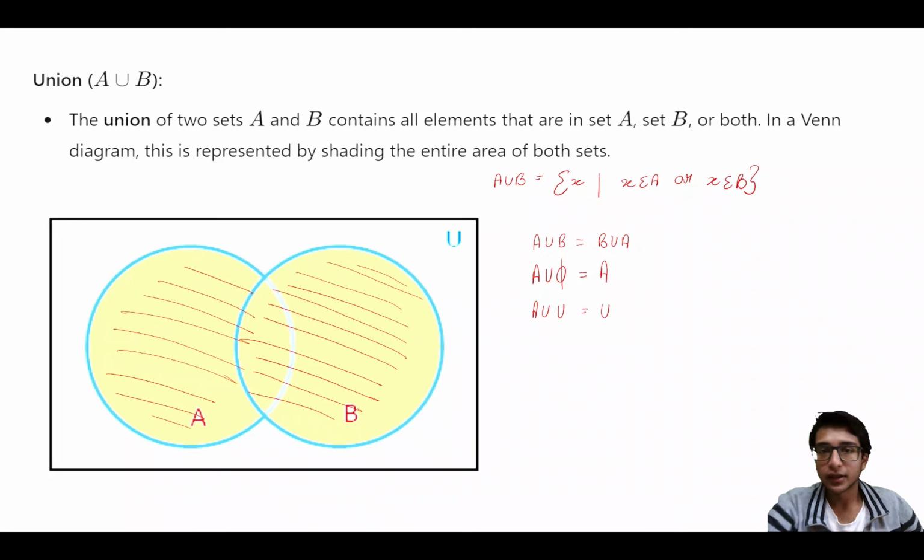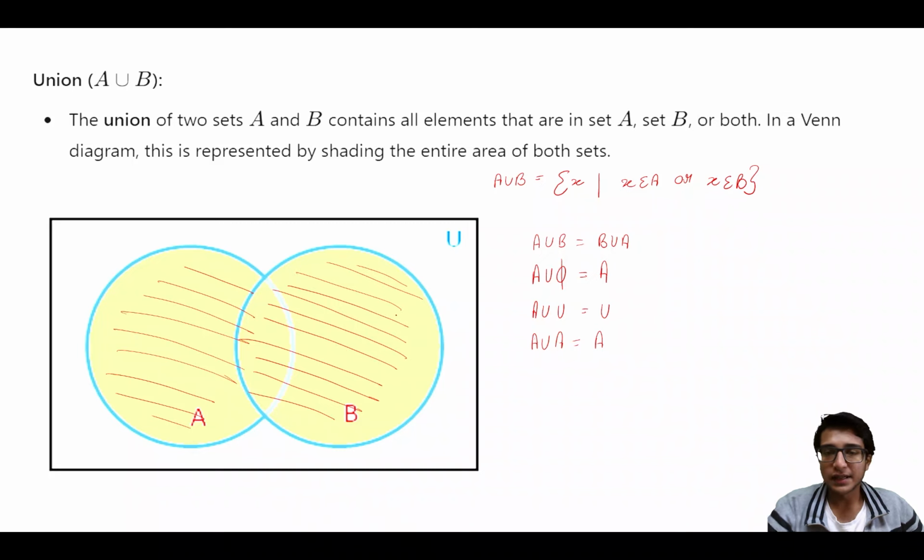Universal. With the universe and A, everything gets included, so universal is my answer. And if I take the union of a set with itself, it comes out to be the set itself. So these are a few properties that you need to keep in mind.